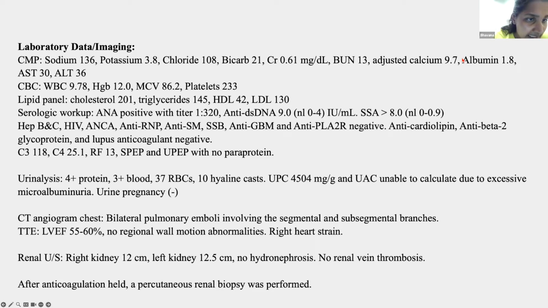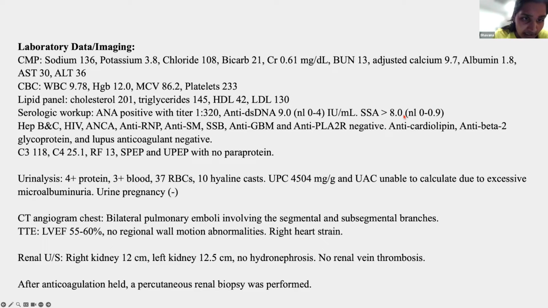C3 was 118, C4 25.1, rheumatoid factor 13, and SPEP and UPEP with no paraprotein. Her urinalysis showed 4+ protein, 3+ blood with 37 RBCs, 10 hyaline casts, UPC 4,504 milligrams per gram, and UAC was unable to be calculated due to excessive microalbuminuria, and her urine pregnancy test was negative.